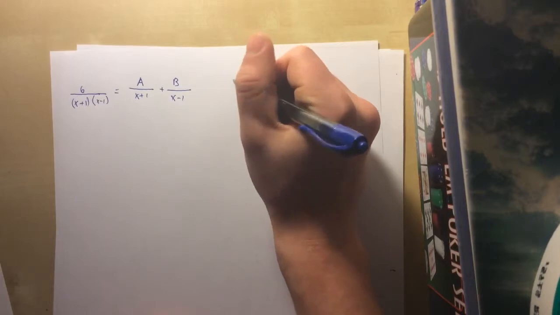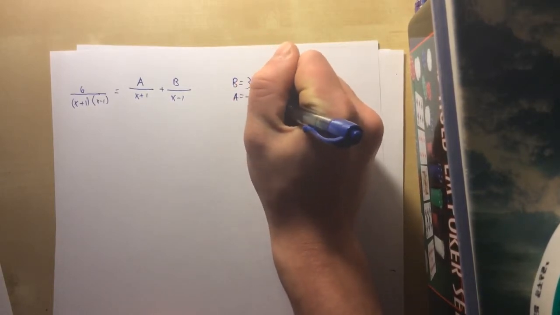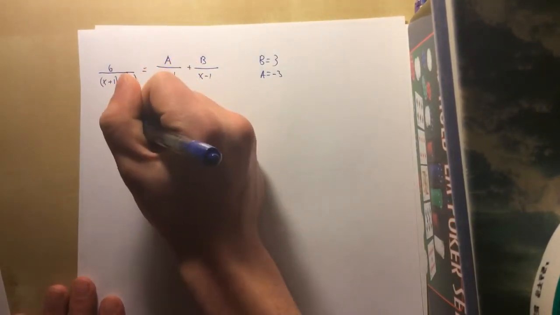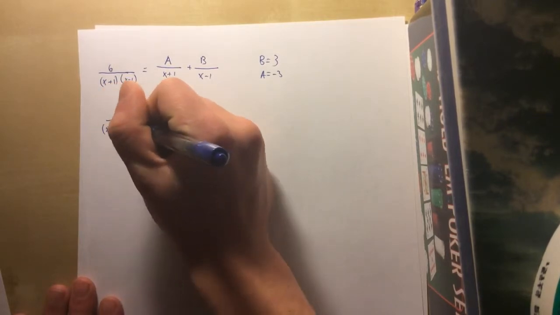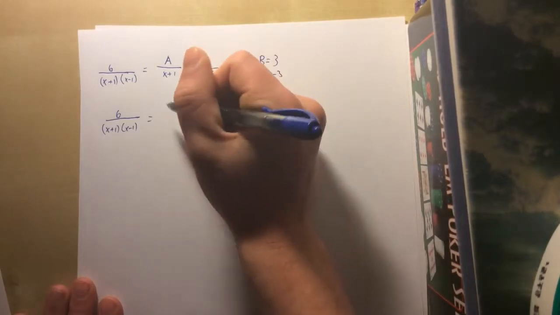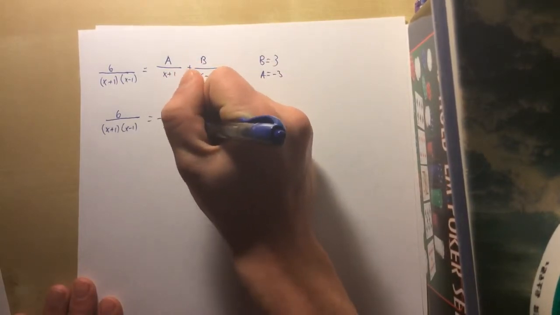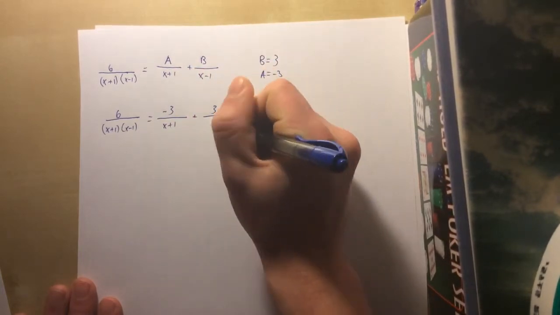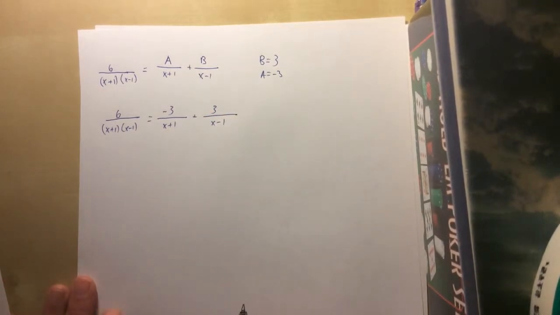We just figured out that b is equal to 3 and a is equal to -3, so we can rewrite that using those constants: -3 over x plus 1 plus 3 over x minus 1.